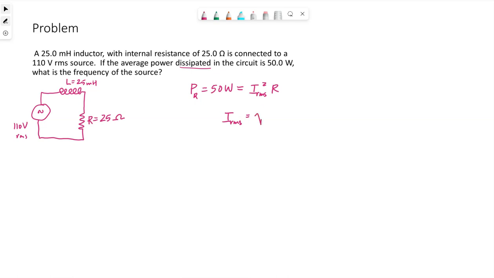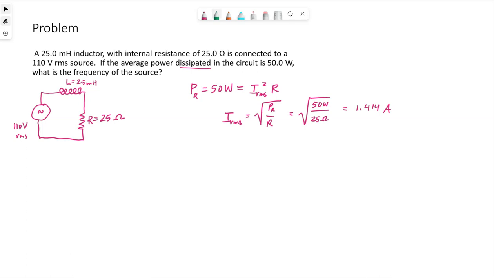IRMS will be the square root of our power dissipated over the resistor value. So the 50 watts over R is 25 ohms. So the RMS current in the circuit will be the square root of 2, so 1.414 amps.